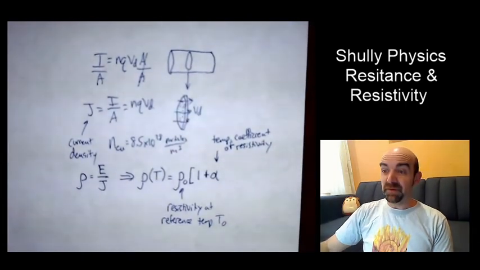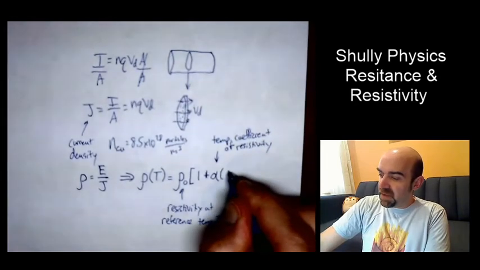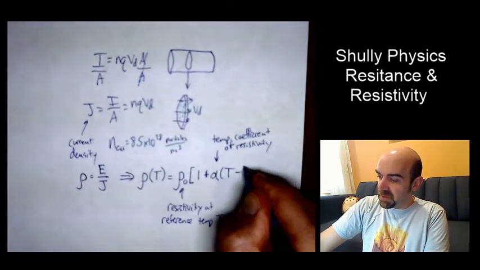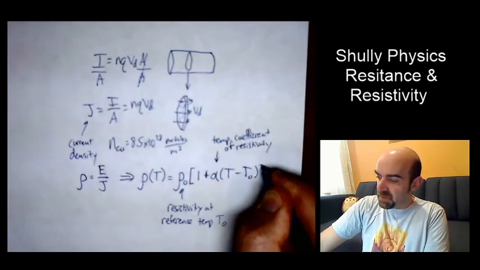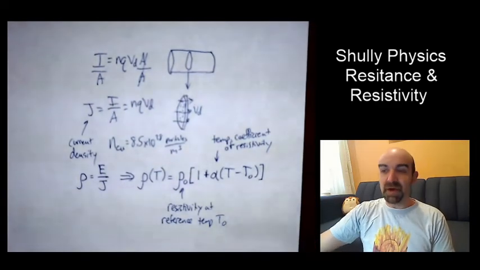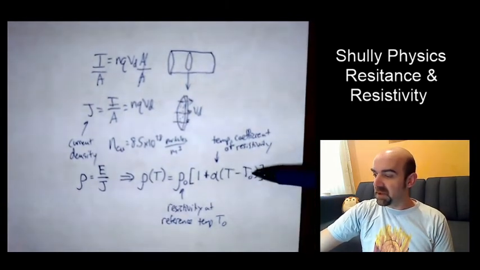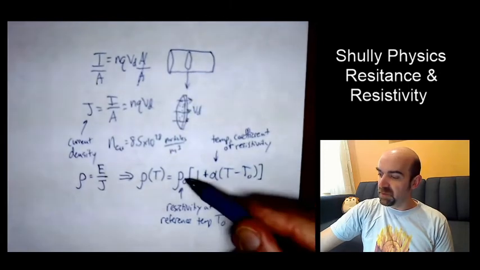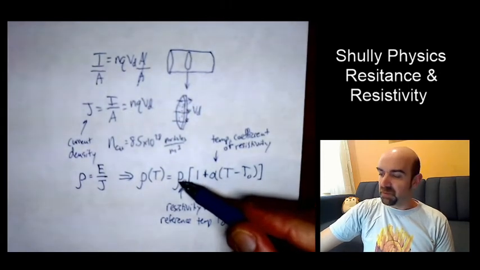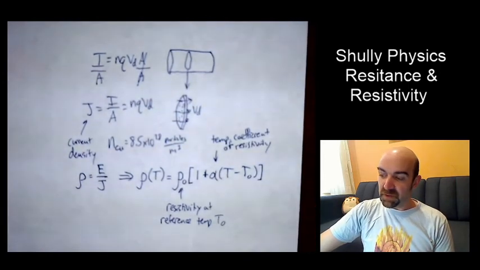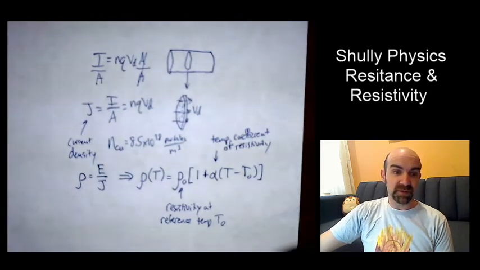Okay, alpha. And that's multiplied by a change in temperature. All right, so a comparison between the temperature now, the temperature that we change it to, and that original reference temperature, or whatever that rho naught is, that original resistivity before we change the temperature.